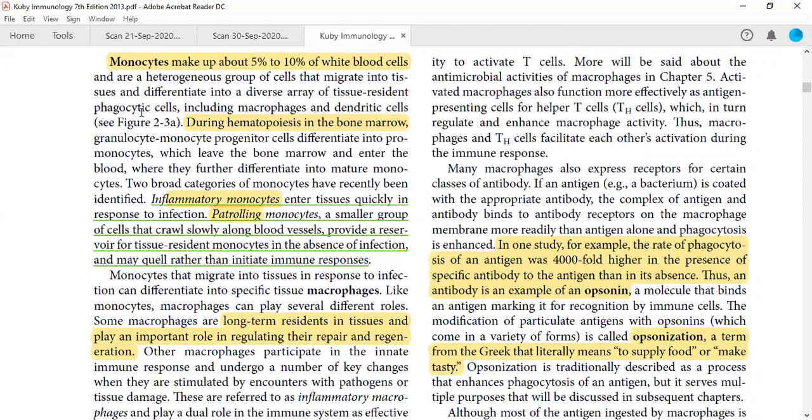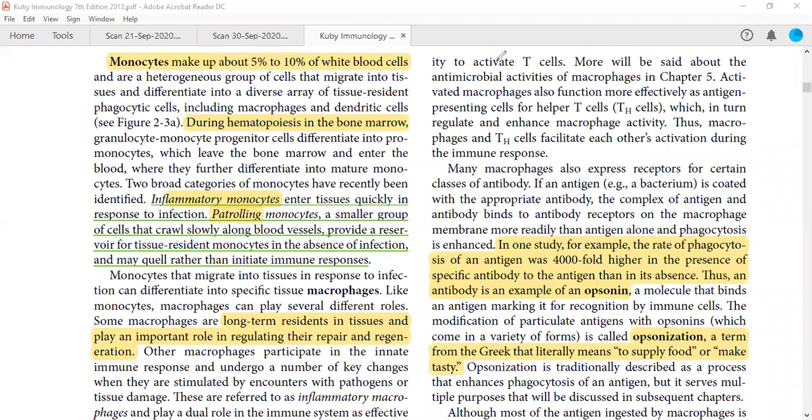All the monocytes which are present in the blood make up about 5 to 10% of the white blood cells. So out of total leukocytes, there are 5 to 10% monocytes. And these monocytes are a heterogeneous group of cells that migrate into the tissues and differentiate into a diverse array of tissue resident phagocytic cells.